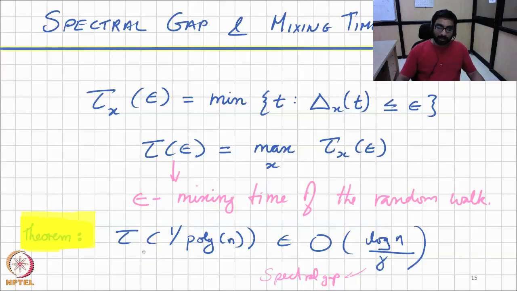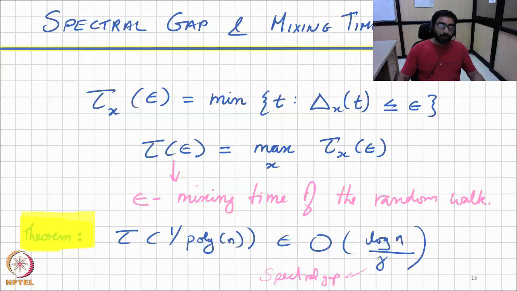Here we have specified epsilon to be polynomially small, so we are able to get a distribution very close to the stationary distribution within O of log n over gamma, the spectral gap.